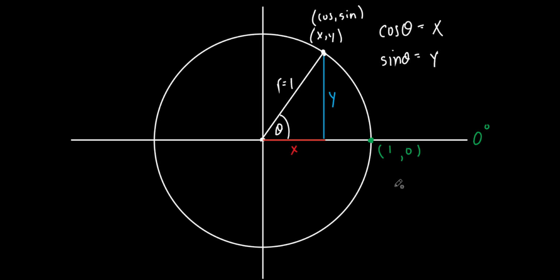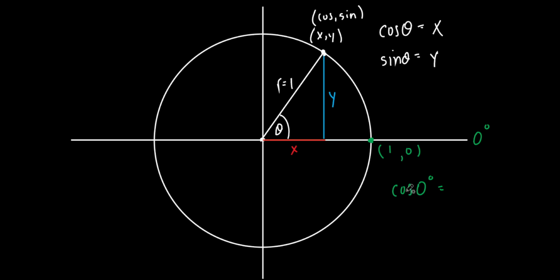If I asked you what the cosine of 0 degrees is equal to, we look at the ordered pair. Which one is the cosine? The x. It's easy to remember because the ordered pair x, y, it's in alphabetical order, correct? Cosine, sine is in alphabetical order, right? So it's pretty easy to remember.